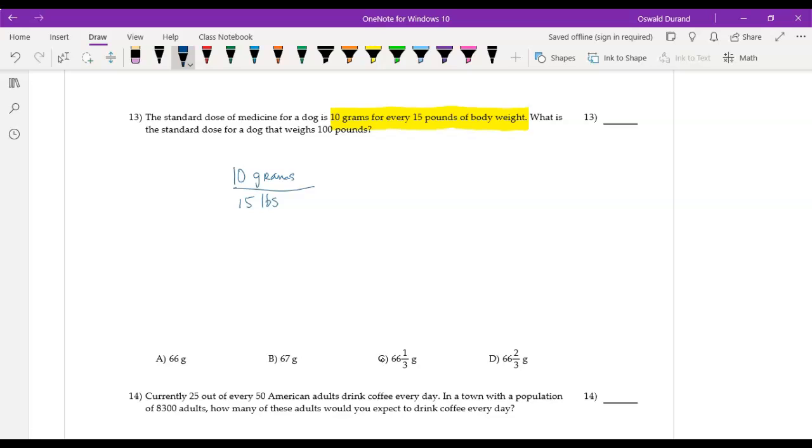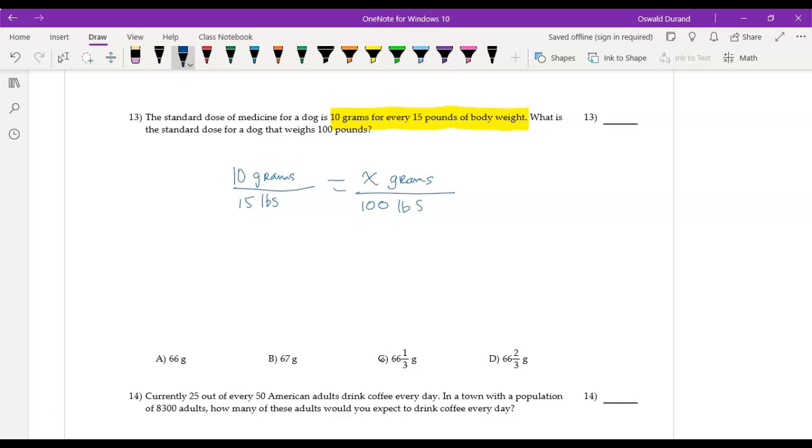Okay, so that's your first ratio. Now they're asking what would be the standard dose for a dog that weighs 100 pounds. I don't know the standard dose in terms of grams, so I put it as X grams. But I do know the weight of that dog, which is 100 pounds.